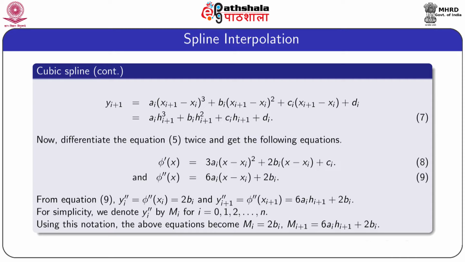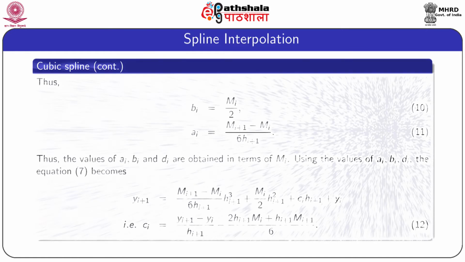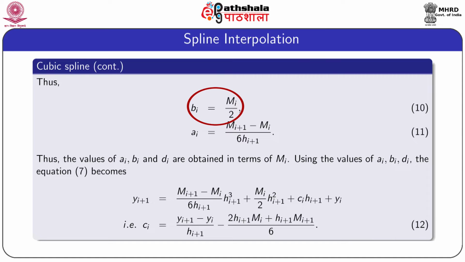Now, for simplicity we denote the second derivative of y at x_i by M_i for all i equal to 0 to n. Thus, we have M_i = 2 b_i and M_{i+1} = 6 a_i h_{i+1} + 2 b_i, or b_i = M_i/2 and a_i = (M_{i+1} - M_i)/(6 h_{i+1}).